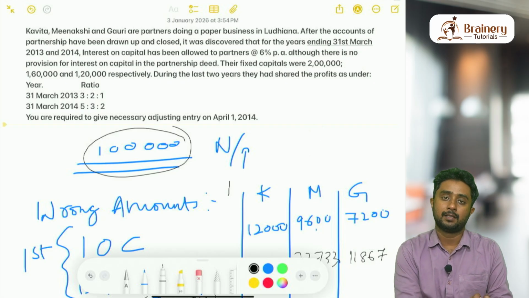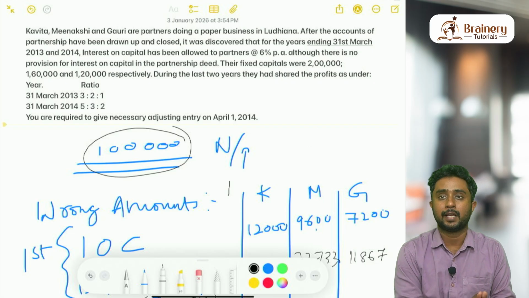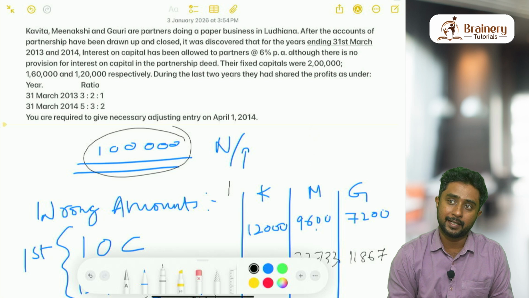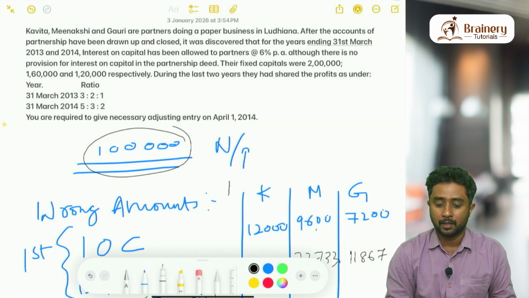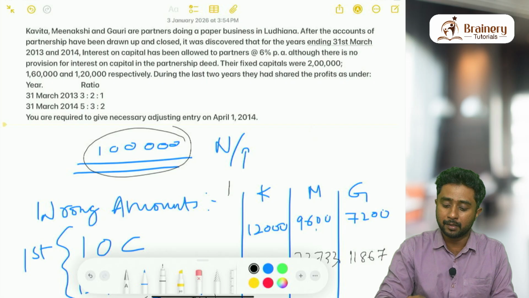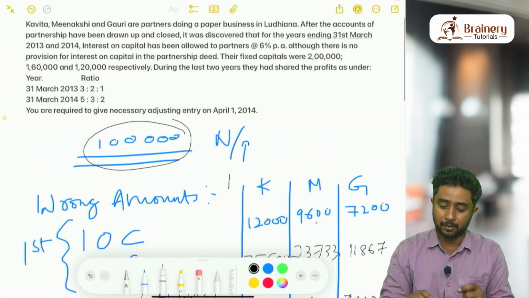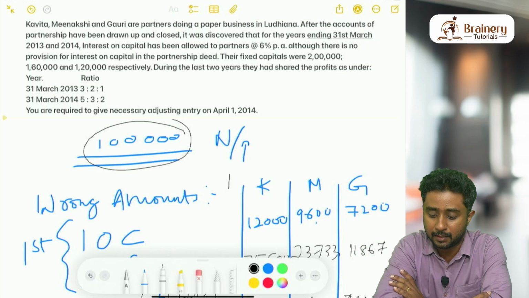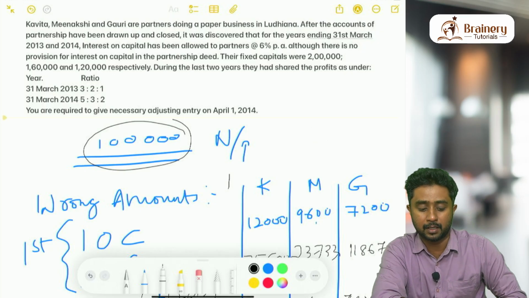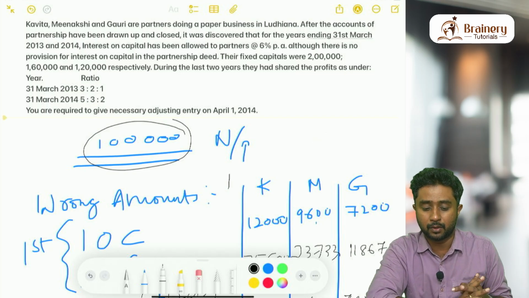That means the deed does not specify any rate of interest on capital, so we are not supposed to pay any interest, but we have already allowed it. In this situation we have to reverse the interest on capital amounts that we have written. They also say one more thing: during the last 2 years they had shared the profits as under. 31st March 2013, 3:2:1, and 31st March 2014, 5:3:2.